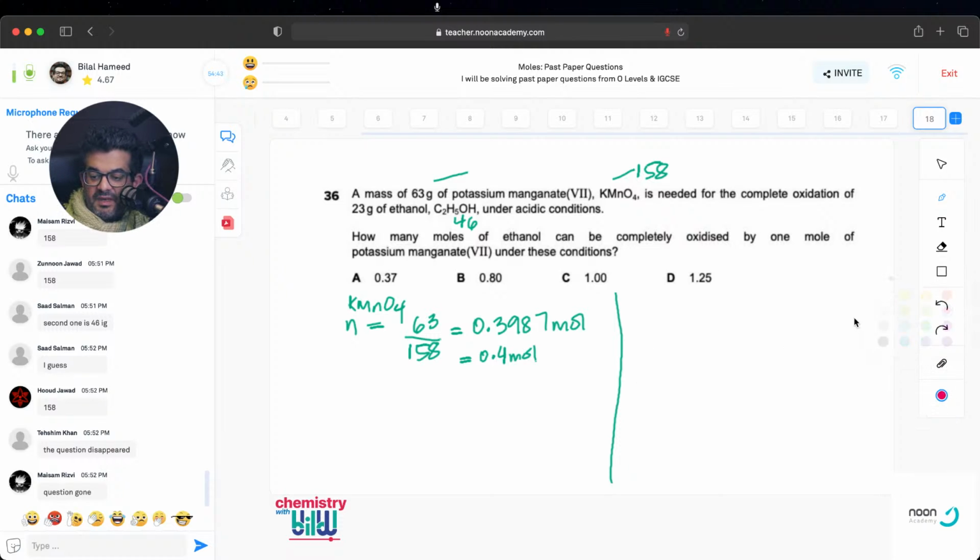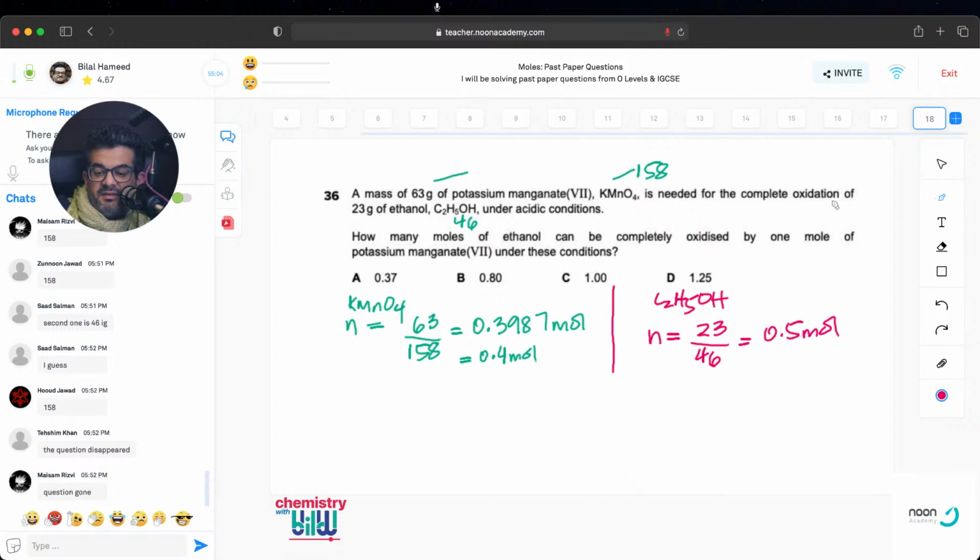Besides that, find the moles of ethanol, C2H5OH. How will you find its moles? Well, 23 over 46. How much is that? 0.5 moles. Do you understand what just happened?